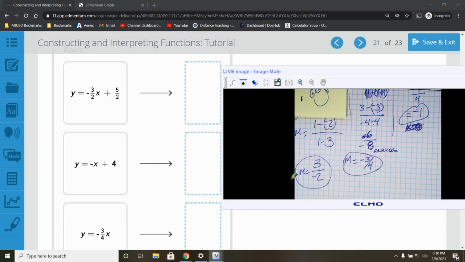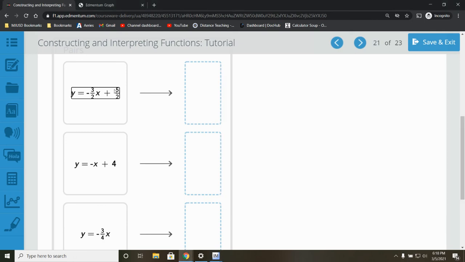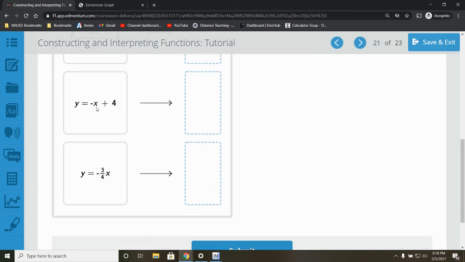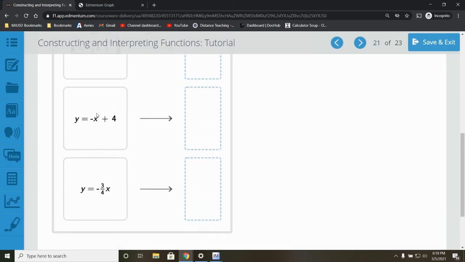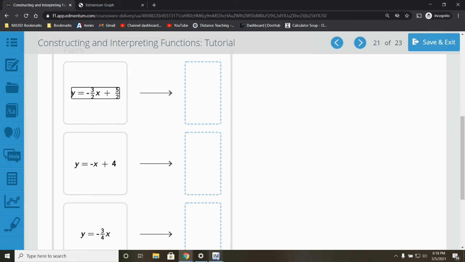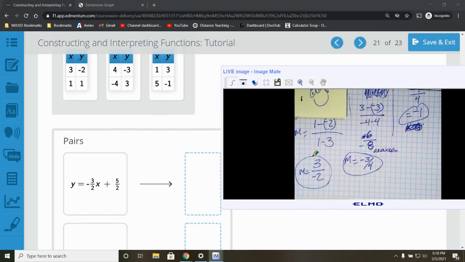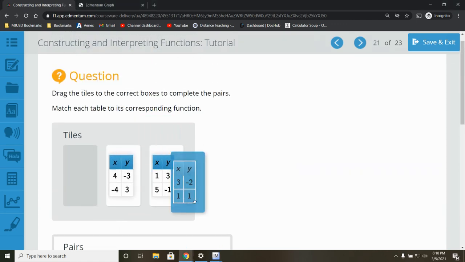So we have 3 over 2 with a negative sign. I see a 3 over negative 2 with a minus sign there, or a negative sign. None of these have that same slope. So I'm going to go to the pair that had the 3 over negative 2, and put that there.